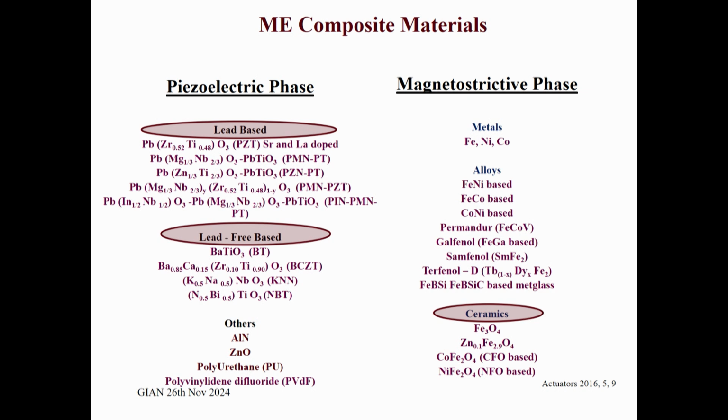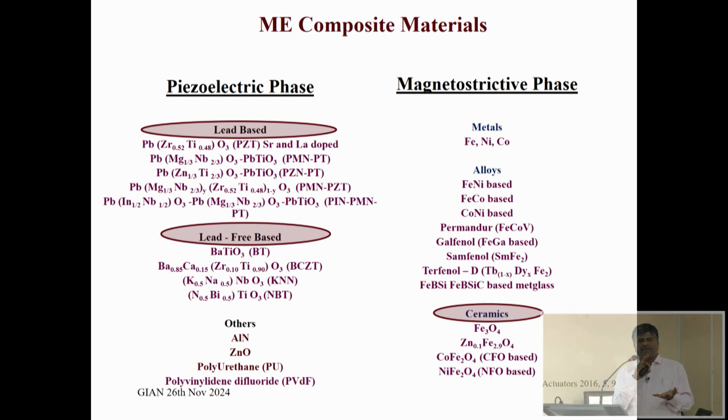So, I just wanted to make you understand what the magnetoelectric composites are, what the expected properties of the individual phases are, how to choose those, and what people have already done and what the significant results are. As far as the piezoelectric materials are concerned, we are again focusing on the perovskite kind of system.